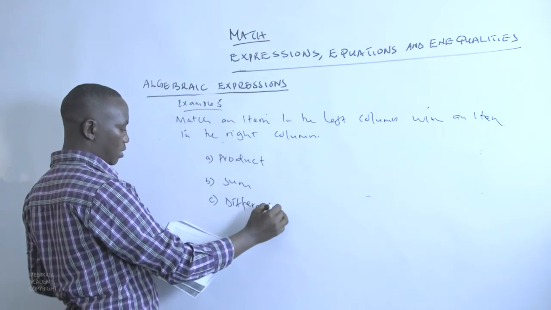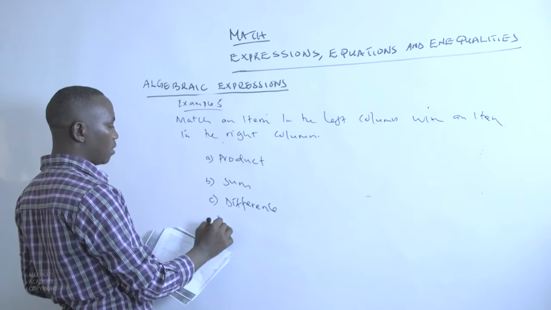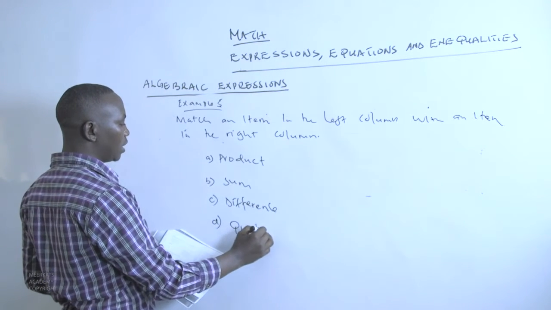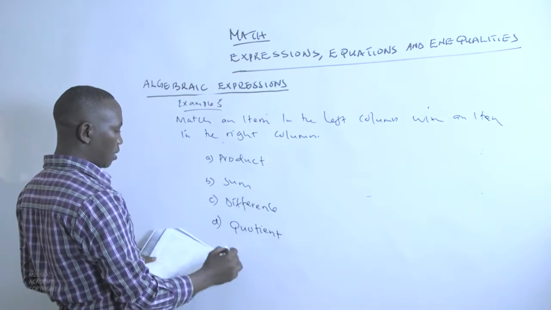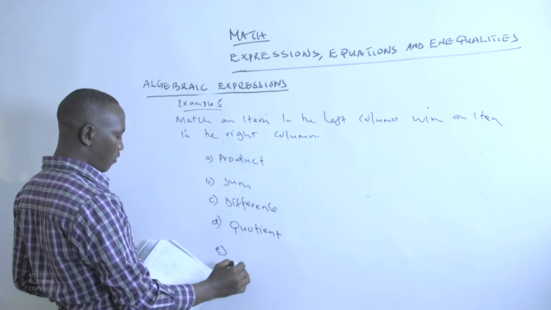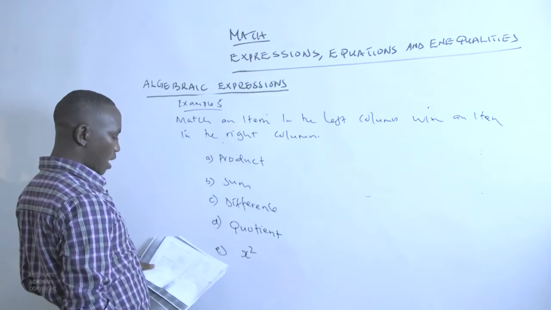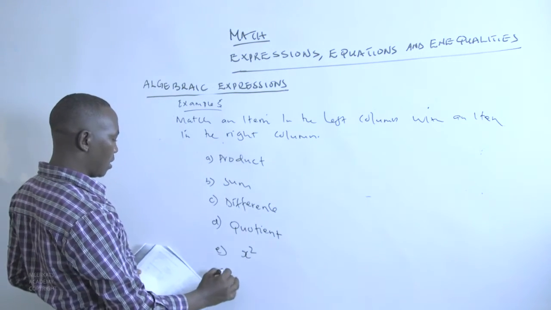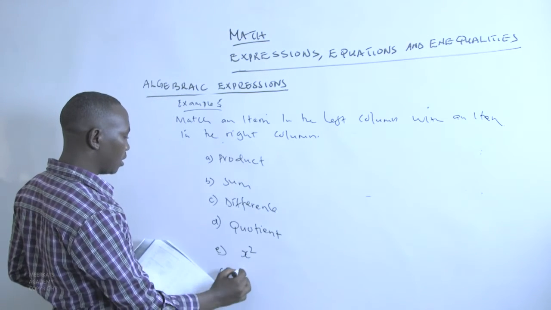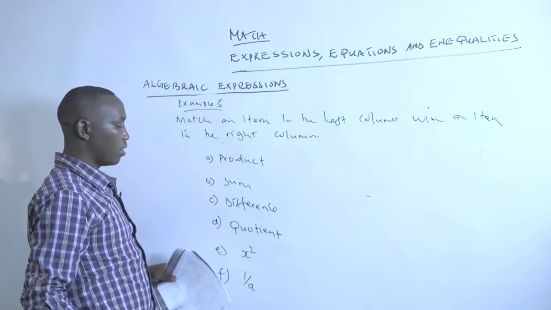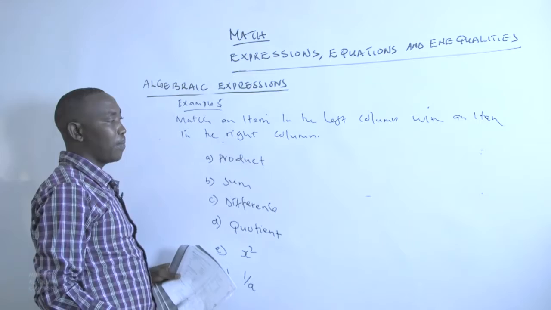4, quotient, 5, square of x, and 6, 1 over a.